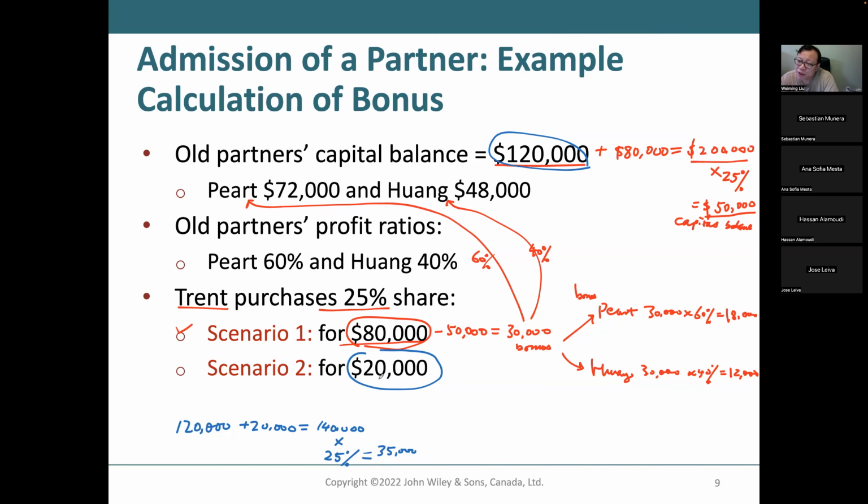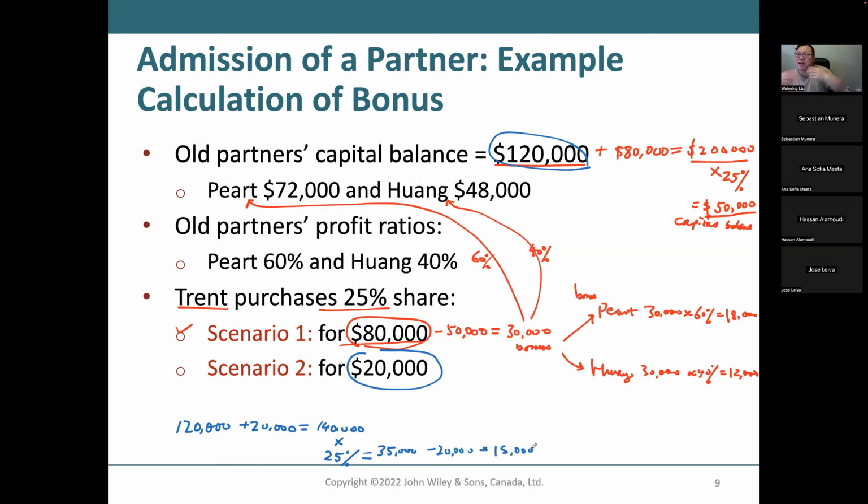If you paid only 20,000, how come your capital account balance is 35,000? It's actually $15,000 more. Why? This is the bonus provided by the previous partners. The previous partners want to encourage Trent to join the partnership, so they give him a bonus.